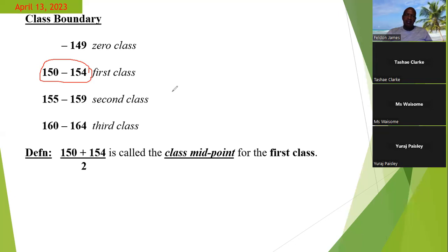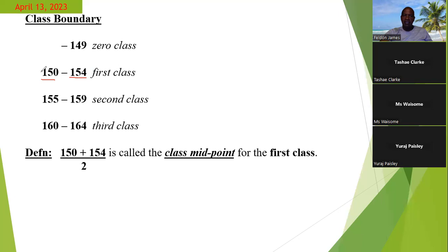Repeat that, sir. We say that apart from adding the 2 limits and dividing it by 2 to get the class midpoint, another way that you could do it is to just find the difference between the 2 limits. So the first limit for the first class is 150. The upper limit would be 154.